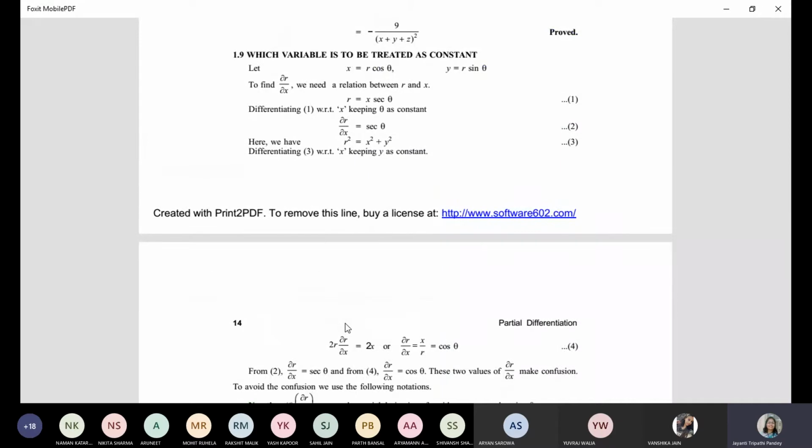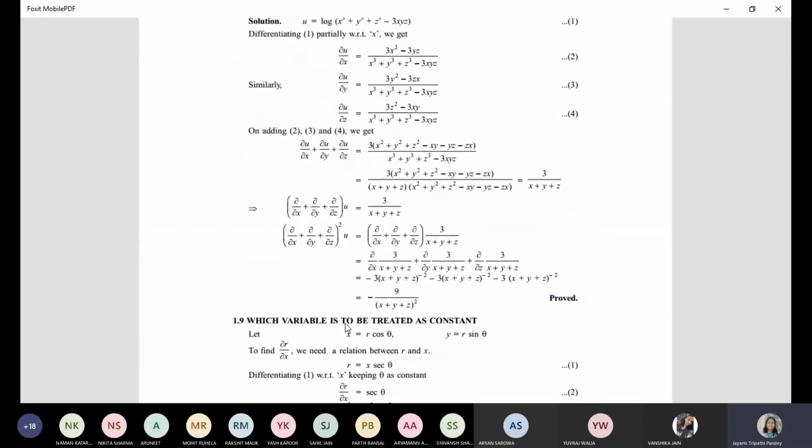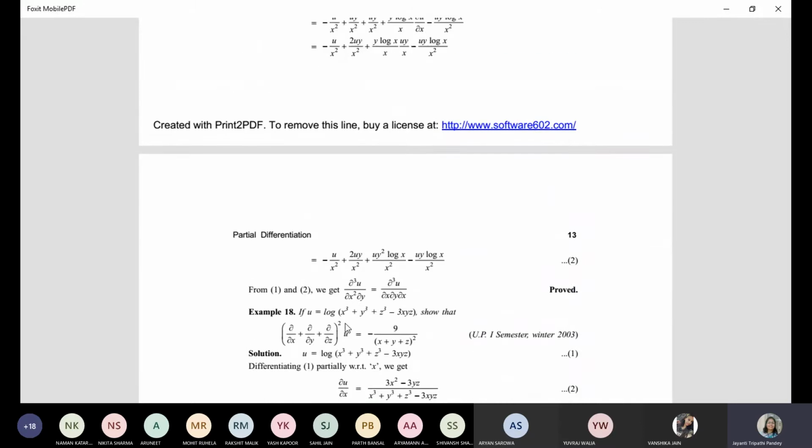Okay, so I want to give you one more question. Just note down this question. Had we discussed this question? Example 18. No, ma'am. I want you to solve this because it involves three variables and it will give you a picture. How do we treat three variables in one go? I want you to note it down.